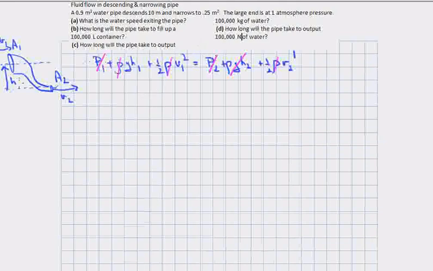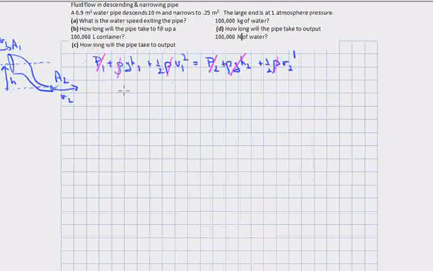If I take my potential energy reference to be the level of the second pipe, then the H2 on the left side is 0. I can just set H1 equal to H. All other terms are proportional to rho, and so the rho's will cancel.